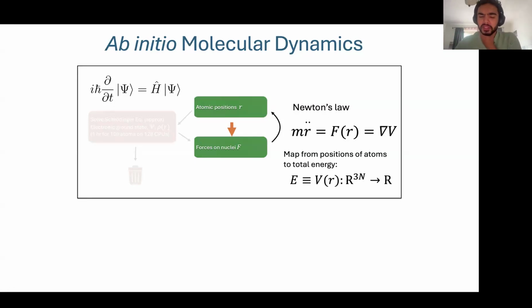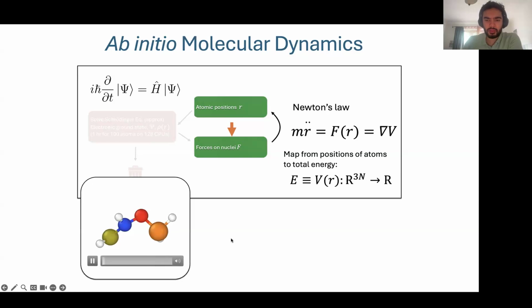And actually, quantum chemists have been able to shortcut that for a very long time now for simple systems. You basically have to parameterize a function from the positions of the atoms, which is this R^3N, to just a scalar quantity, which is the energy, and then you can differentiate that to get the forces. And in very simple systems, you can actually derive analytical forms for these potentials.